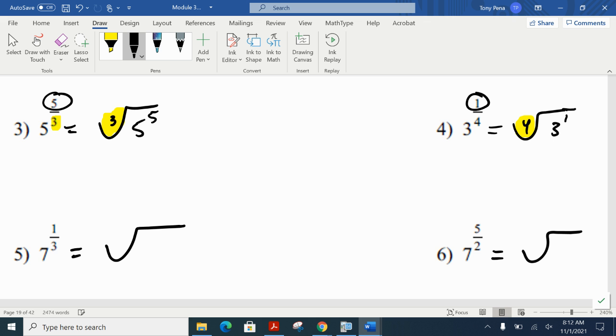Good, because that's our numerator. All right, Alec, what goes into the little nook here? 3, because that's our denominator, and then it's 7 to what power? 1. All right, and then our last one, Monica, what goes in our little spot here? Good, it's a square root, that's our denominator, and then it's 7 to what power? Good, and then 7 to the 5th power. Okay, that's all we're doing right now is rewriting these.